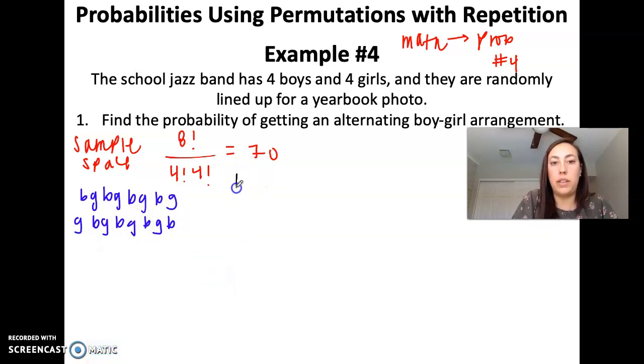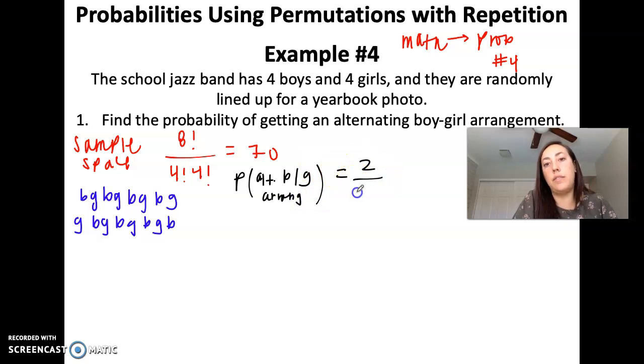So the probability of getting an alternating boy-girl arrangement is going to be 2 out of 70, which is about 3%. 3% chance we get an alternating boy-girl arrangement.